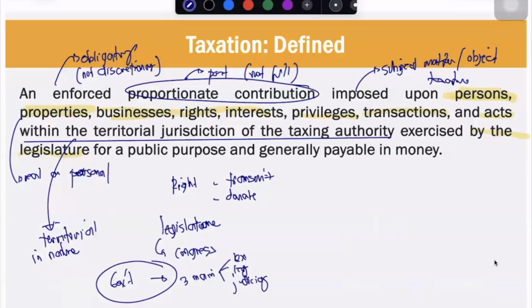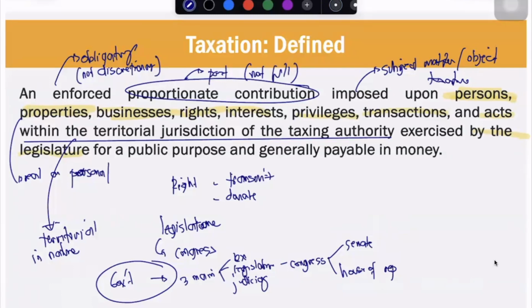The main branch of the government in charge of taxation is your legislative. Together, we call them your Congress. Congress is made up of your Senate and House of Representatives. The legislature, through our Congress, will pass tax laws to tax the subject matter or object of taxation.